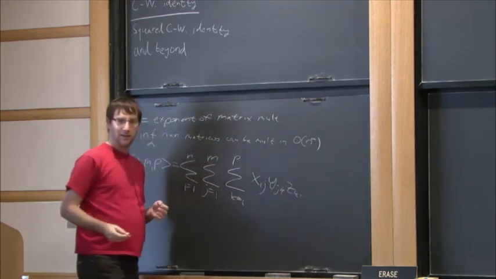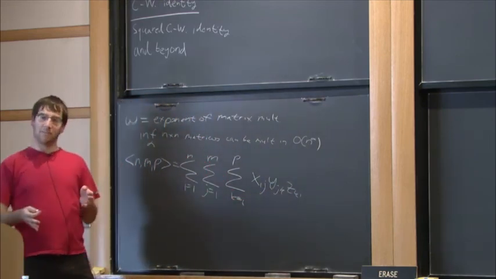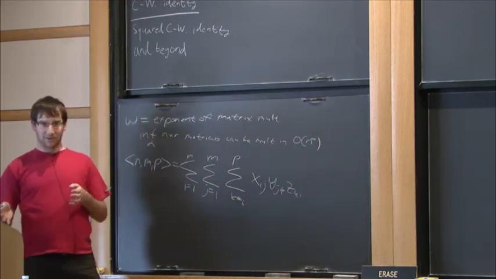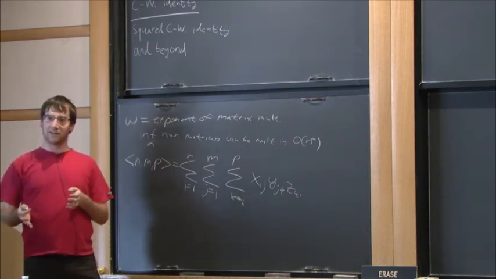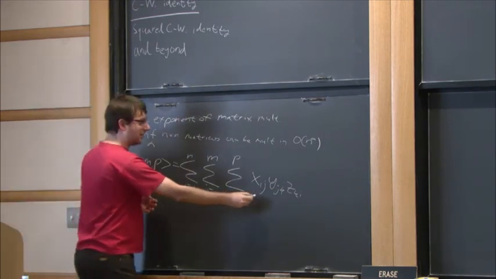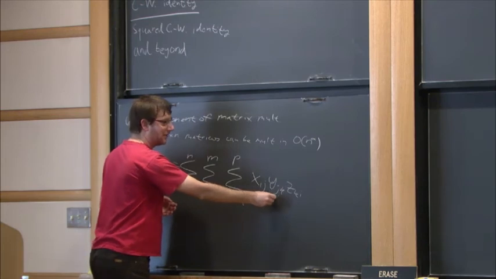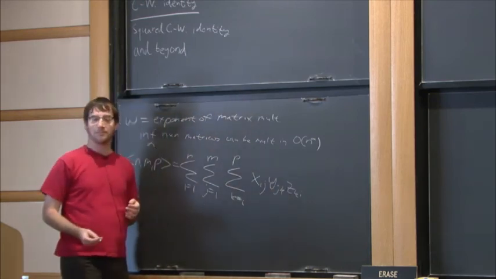It represents multiplying an n by m matrix by an m by p matrix, resulting in an n by p matrix. So this is the n by m matrix, this is the m by p matrix, and this is the n by p matrix.